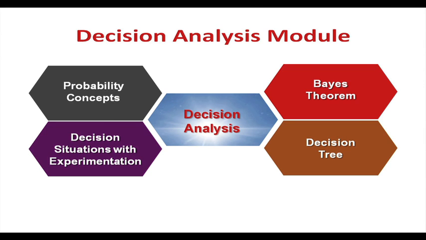Whereas if you do certain tests to check whether oil is there or not, which we are calling an experimentation, the Bayes theorem can be applied, and you can get the posterior probabilities from the a priori probabilities, and you can deal with the decision situations in a better manner.